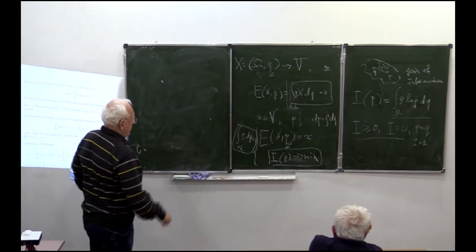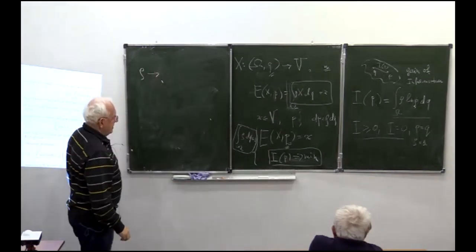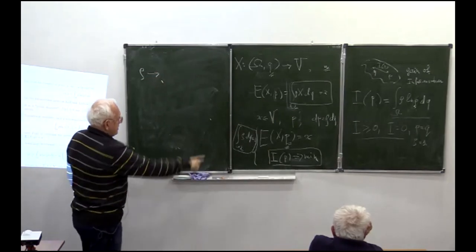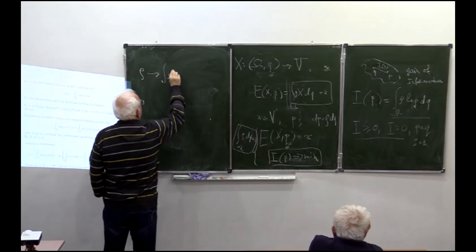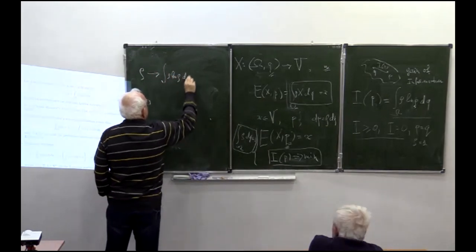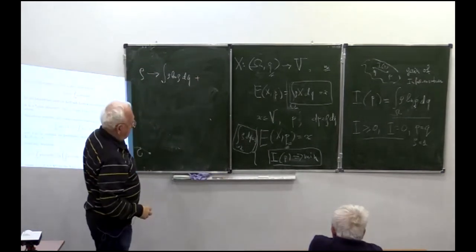So how to do this? We take functional that defined on these rho, and it's the following. So this is our I. So integral of rho logarithm rho dq. The solution is p equals q.